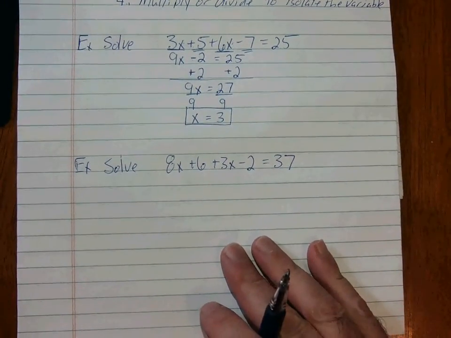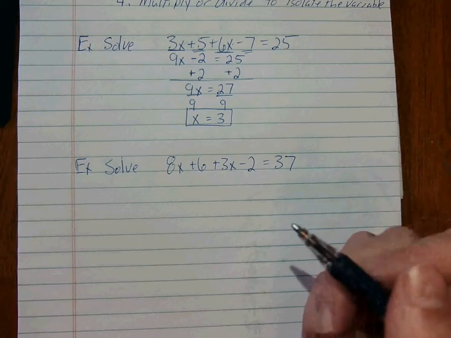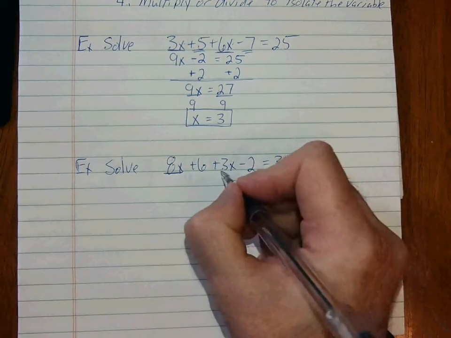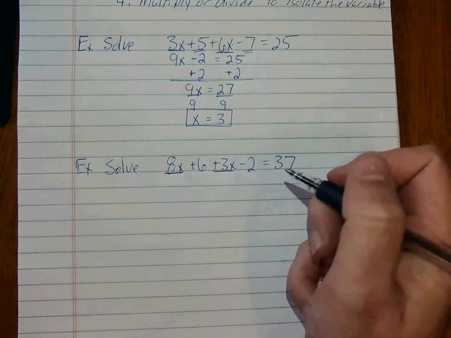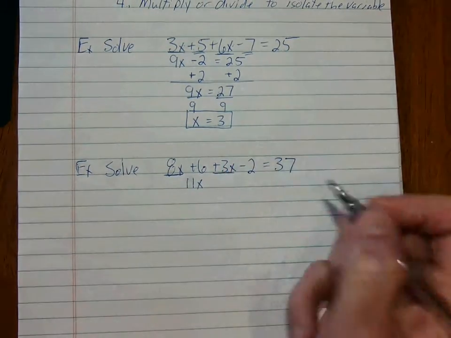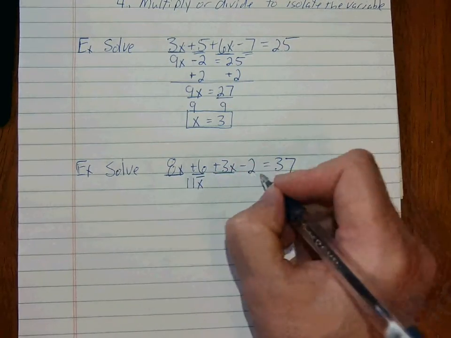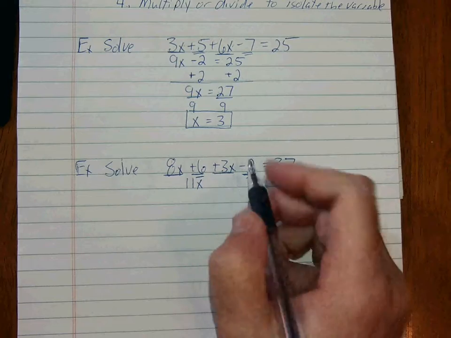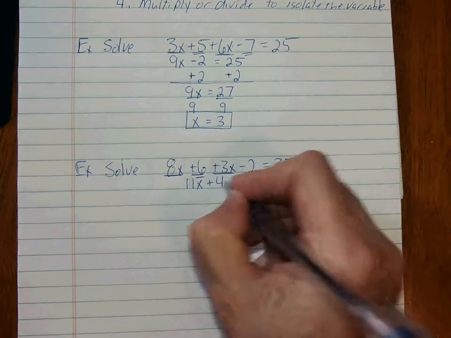So moving on to the next one. Once again, you're going to see if you can combine like terms. We have an 8x plus 3x, so you can combine those. 8 plus 3 gives you 11. Then you have 6 minus 2. 6 minus 2 is 4.